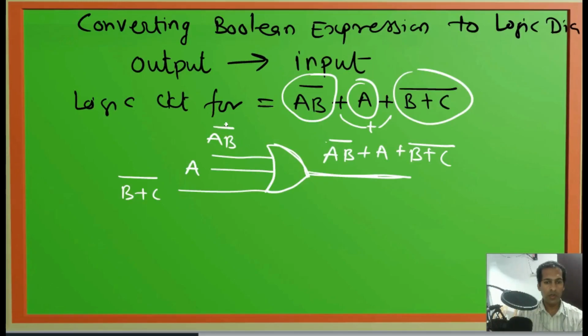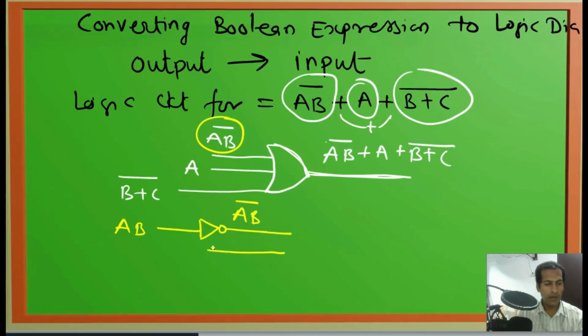Suppose now we will focus on where we are getting this AB bar. The remaining two we will keep as they are. So AB bar and B plus C bar should be coming from some inverter as a complement. If I give the AB input to one inverter, it becomes AB bar.